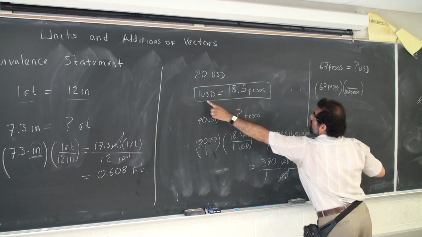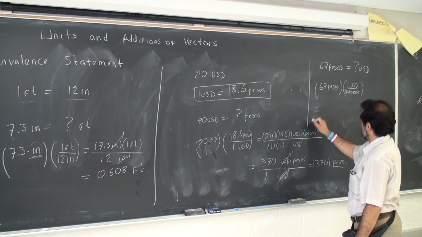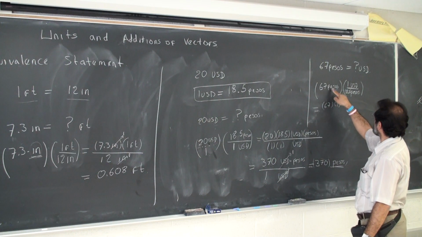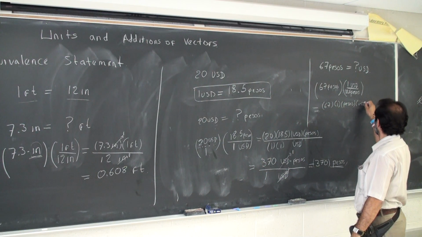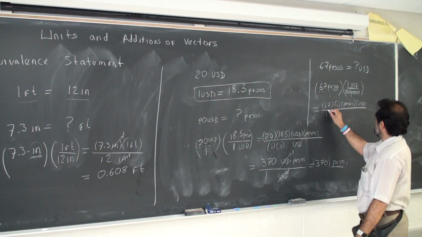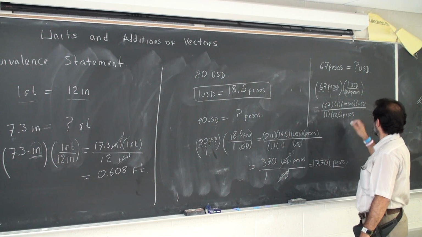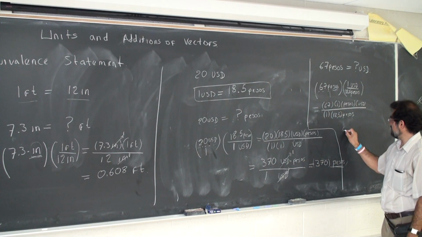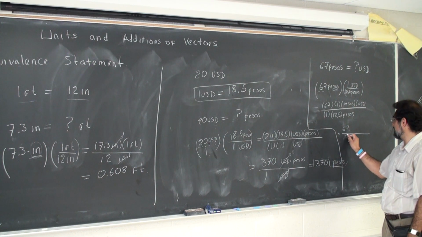18.5, and I have in the numerator $1. So it's going to be 67 times 1 pesos times dollar, and in the denominator 1 times 18.5 pesos. 67 times 1 is 67. 1 times 18.5, 18.5.